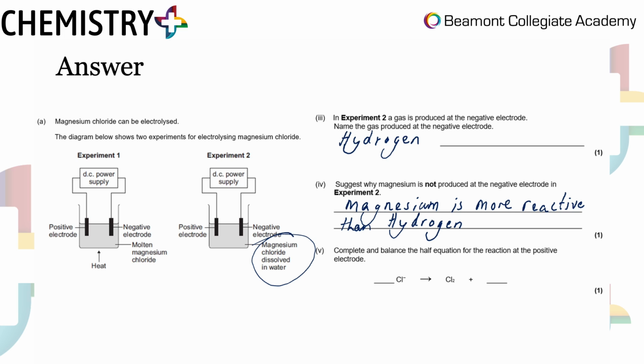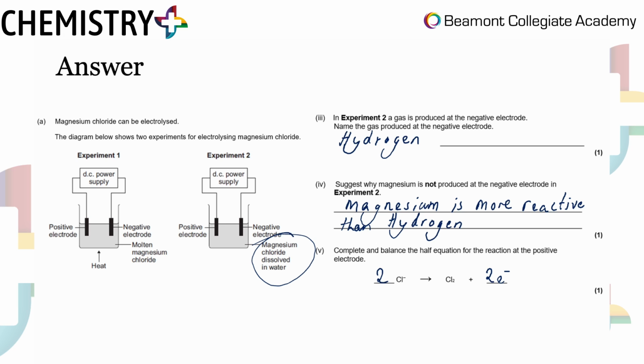And then finally, we've got a half equation. There is another video on half equations available to you, but for this one, let's balance it out first. So this would be 2 and this would be 2e minus.